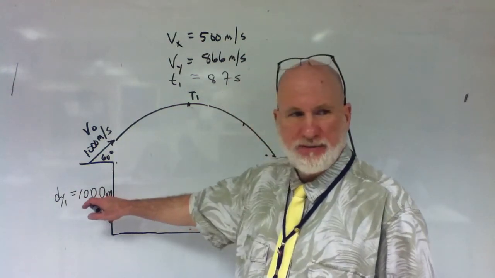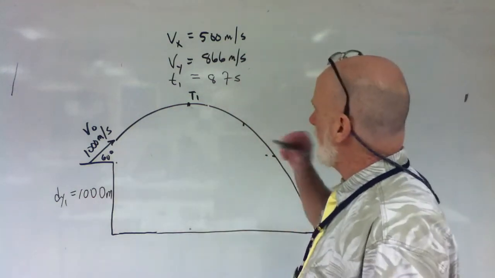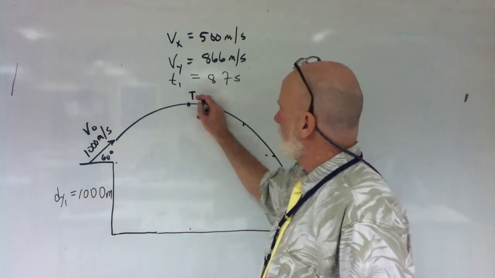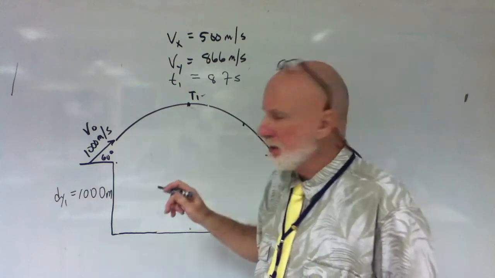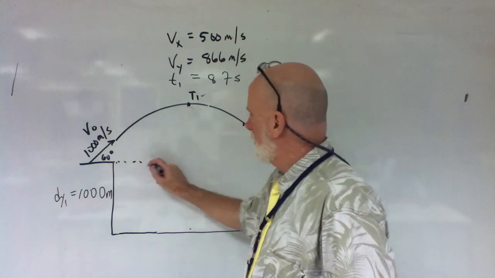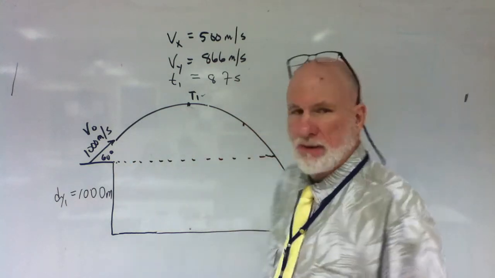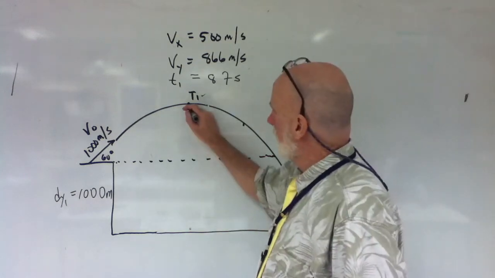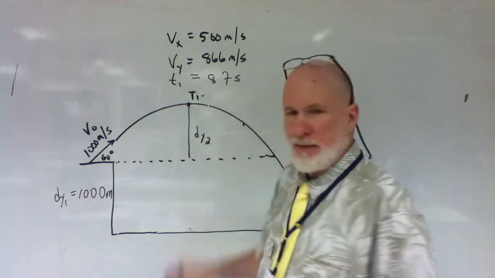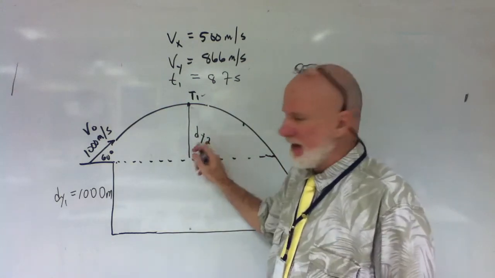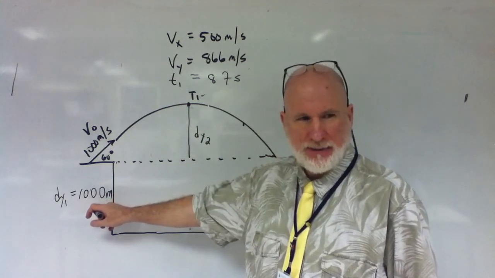That's on the film, right? Okay. So now we have Ty1, we have Vx and Vy. Now what can we determine? dy2. dy2 is this value here. And then dy total will be that value plus the 1,000, correct?